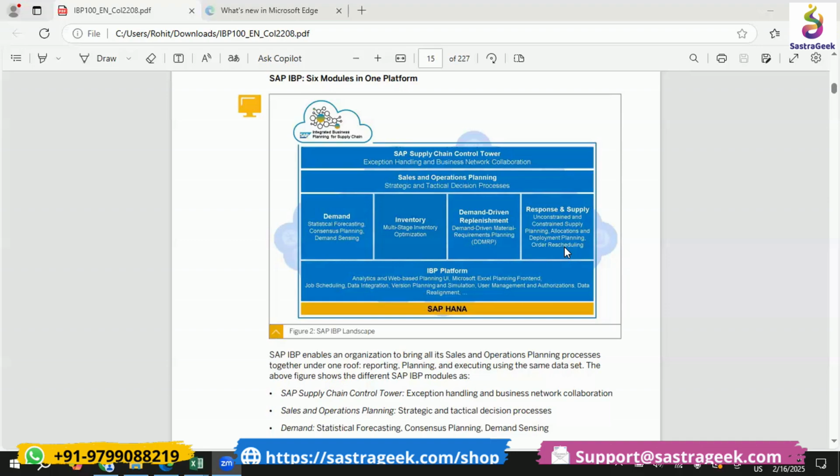Now you see most organizations, since APO is getting decommissioned, are either moving to the IBP Response and Supply module or to other tools like Kinaxis or O9. But SAP IBP Response and Supply is catching up now. The key advantage it has is its simple integration with ECC or S4. But we'll go through those sub-processes and sub-modules in detail when we get into time series supply planning.